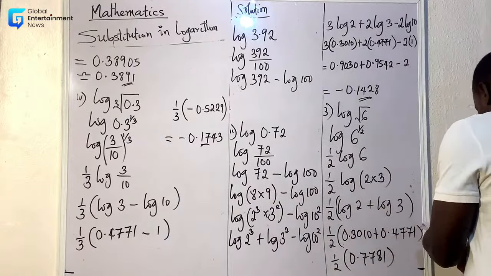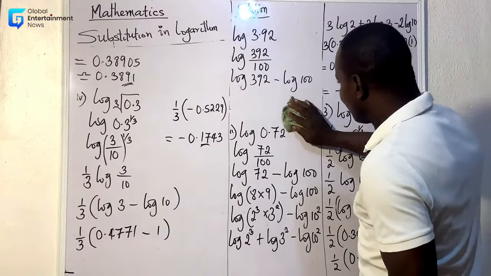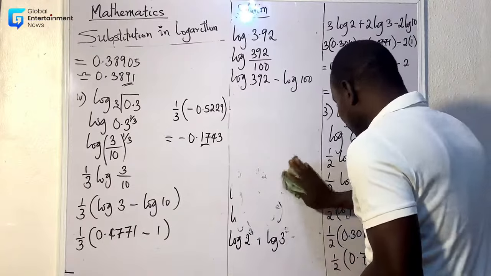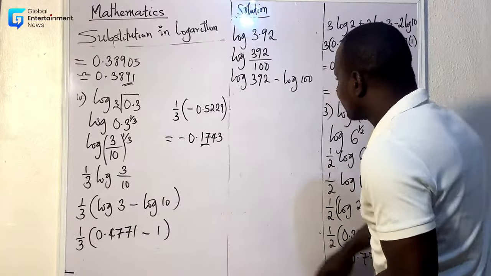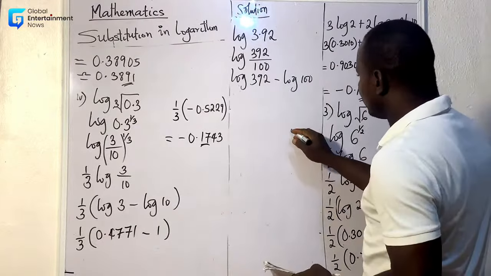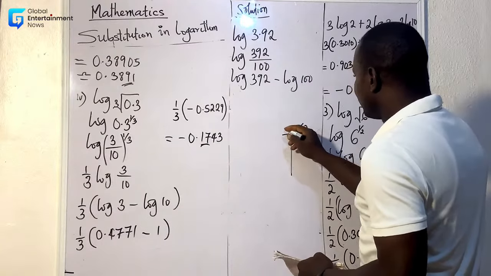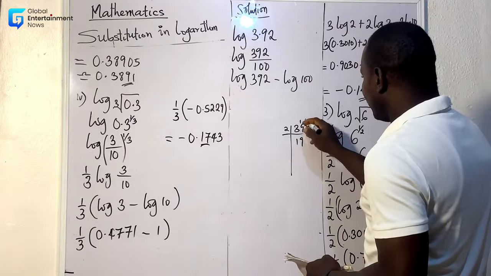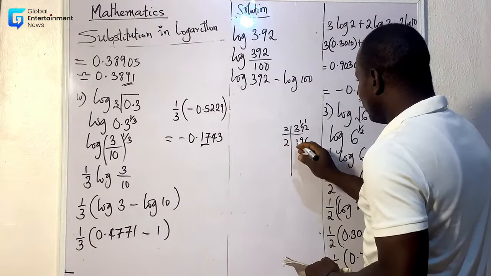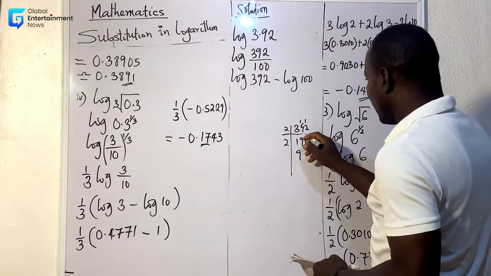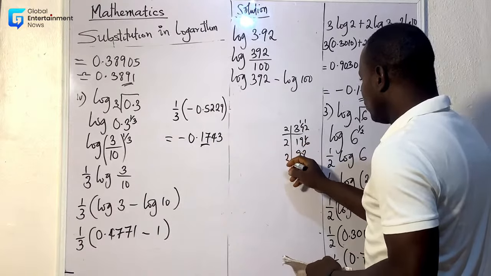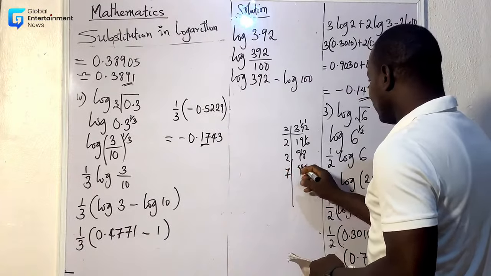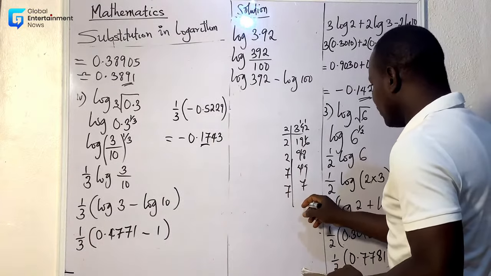So what do we do next? Let's try to break 392 down. 392 divided by 2 is 196, divided by 2 is 98, divided by 2 is 49, which is 7 times 7.